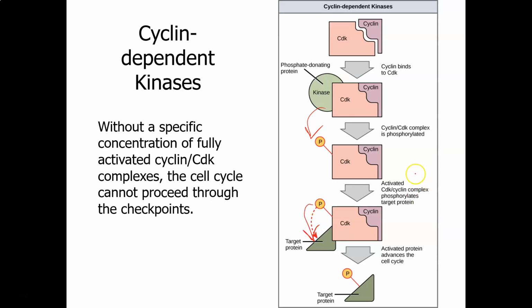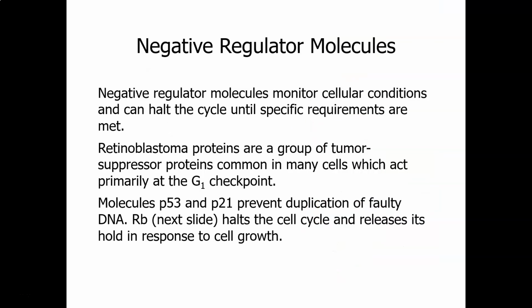In other words, the activated CDK cyclin complex phosphorylates the target protein. All that means is that the CDK adds a phosphate to a target protein. And now that the protein is phosphorylated, the cell cycle can advance to the next stage. But if this phosphorylation doesn't occur, then that means something is wrong, and the cell will stop at that point of cell division.